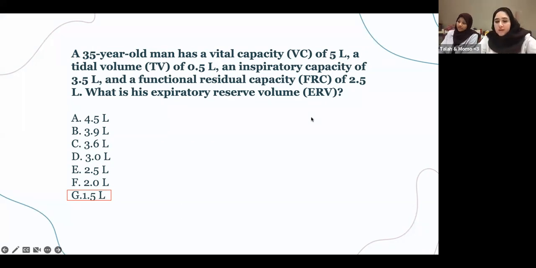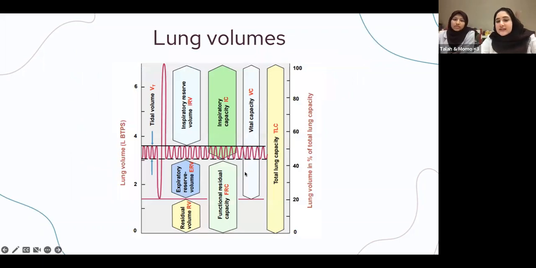Let's look here. We can see that the vital capacity is made up of the inspiratory reserve volume, the tidal volume, and the expiratory reserve volume. And it's made up of the inspiratory capacity and the expiratory reserve volume, because if we add this to the IC, it will give us the vital capacity.